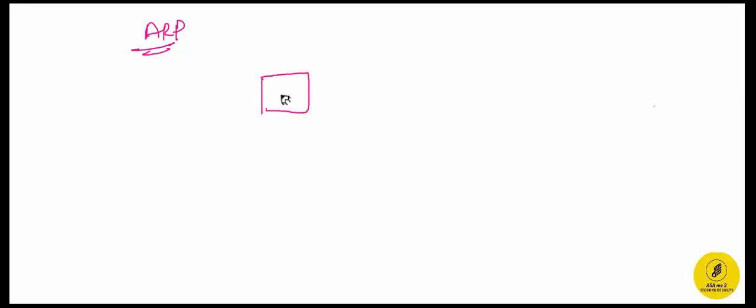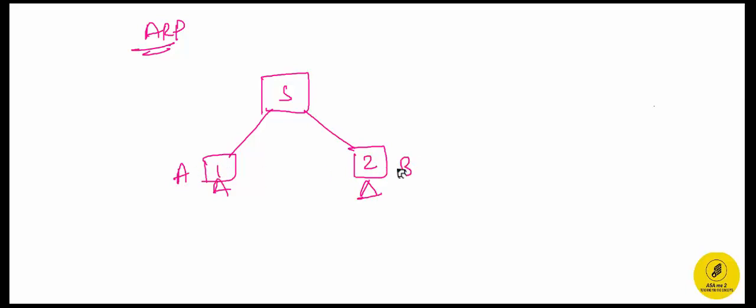For example, let's say you have the same example here, two computers connected through a switch. Let's say the MAC address of computer 1 is A and the MAC address of computer 2 is B. They're connected to two ports of the switch. Now, if A needs to send something, maybe you open a command prompt and type ping and the IP address of B. Let's also assume the IP addresses.